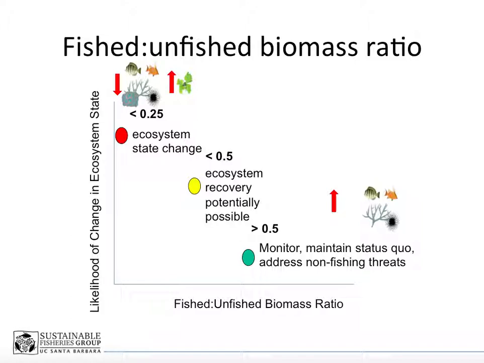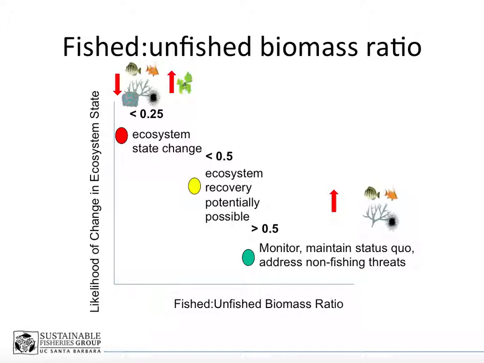So if this ratio is very high, it's likely that we have a pretty healthy ecosystem and that things are doing okay. That's about greater than 0.5. If it's less than 0.5, it's likely that the ecosystem recovery is potentially possible, but a state change is a likelihood if we don't do anything.